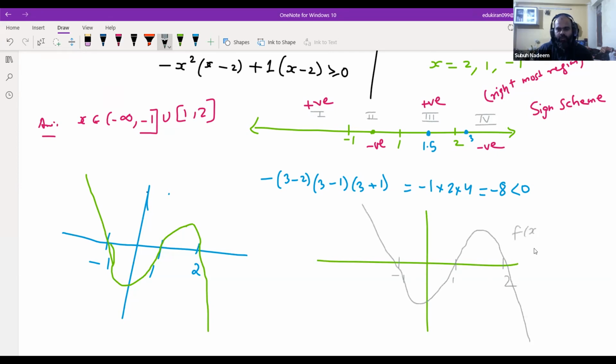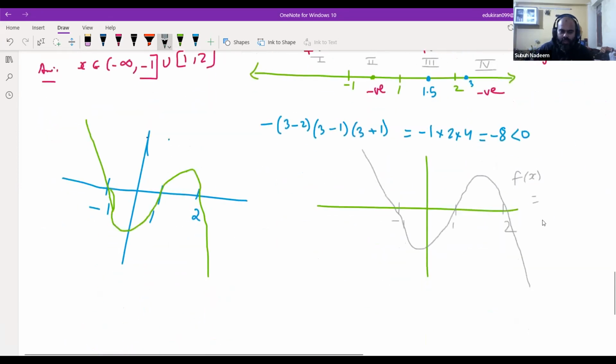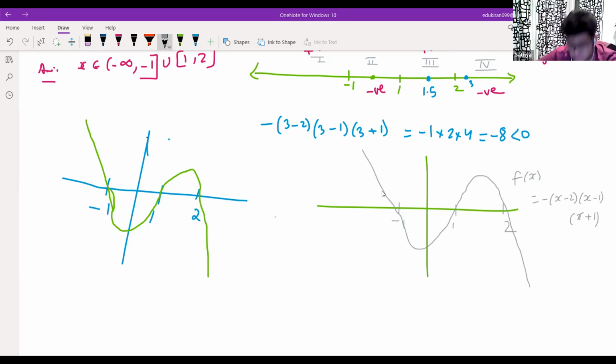This is the graph of f of x equal to minus (x minus 2)(x minus 1)(x plus 1). Is it clear, Sathya? Yes, sir.